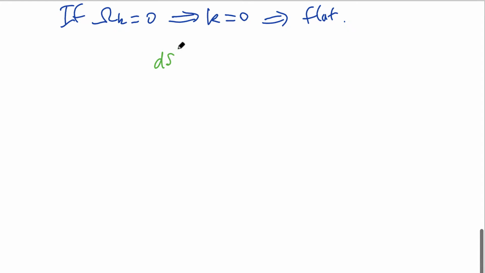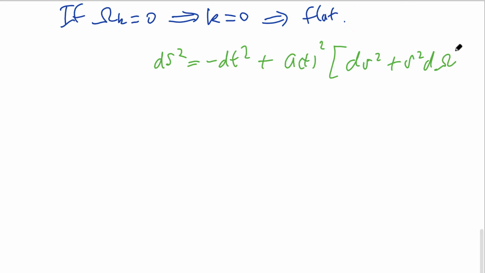So remember, the metric for space-time, the Robertson-Walker metric, looks like minus dt squared plus a of t squared times, in this case, the flat metric, dr squared plus r squared d omega squared. And now just by a simple change of coordinates, we can rescale the scale factor.